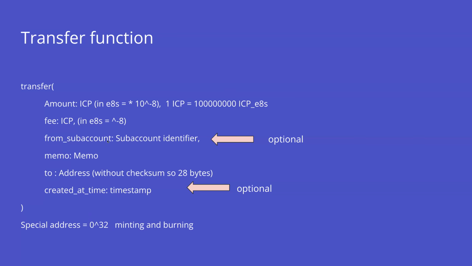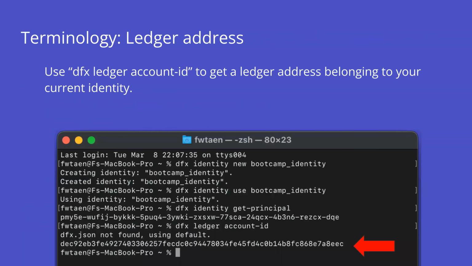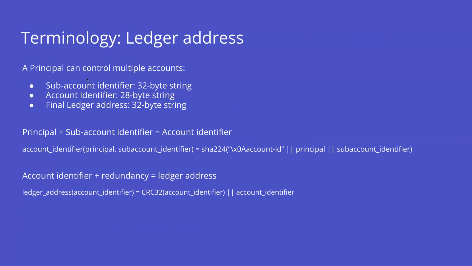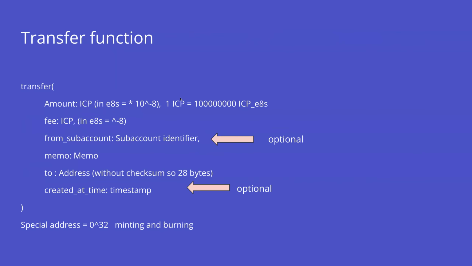The from sub account. So this is an optional parameter, and if you maybe already forgotten, this sub account identifier is the 32 byte string that is combined with your principal ID to get the ledger address. If you don't specify this from sub account, it will just take 32 zeros.